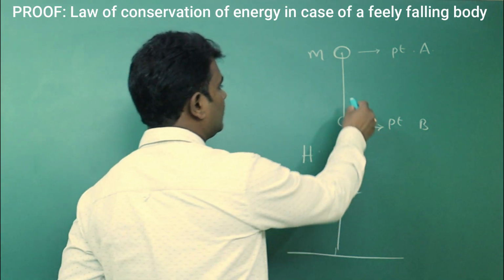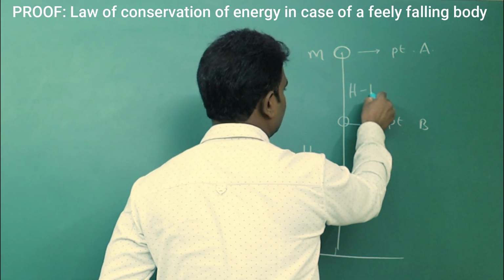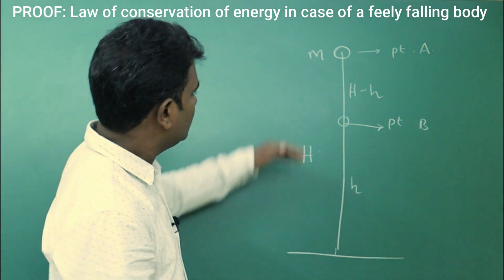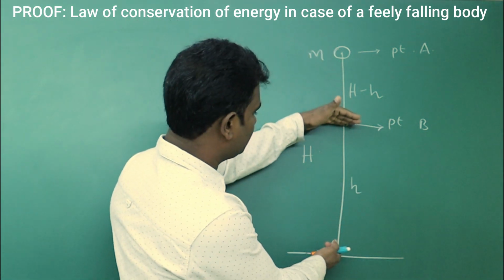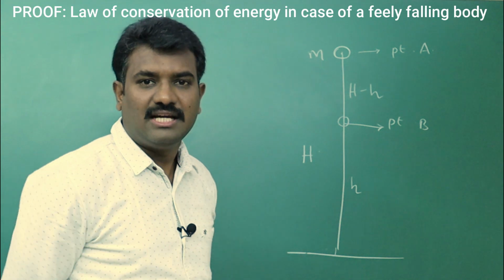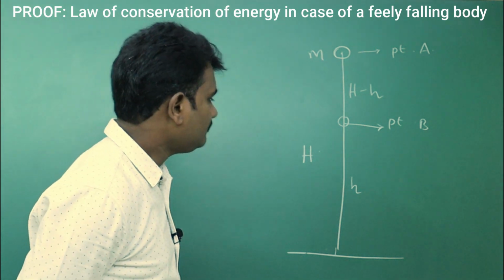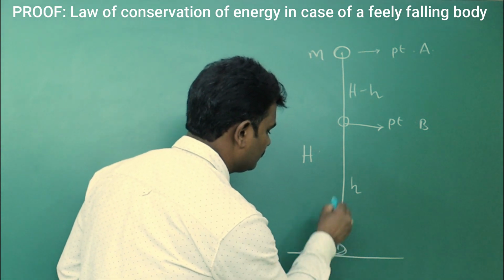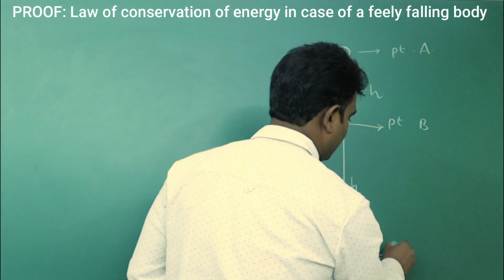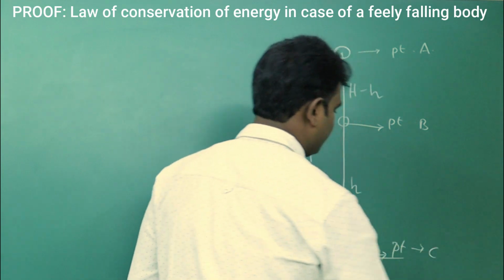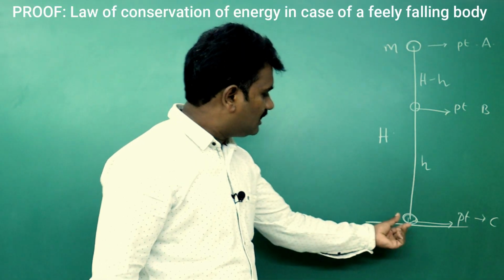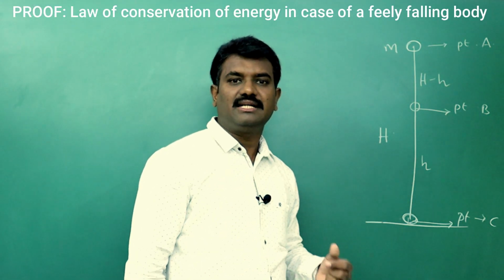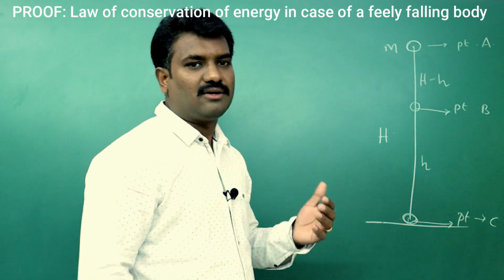It means it got displaced by a displacement of H minus h, because this total is H, this is small h, and this remaining is H minus h. Say after some time it reached the ground. I call this point C. Now the object is on the ground, meaning it is at a height of 0 from the ground.